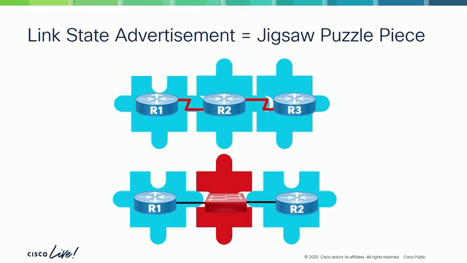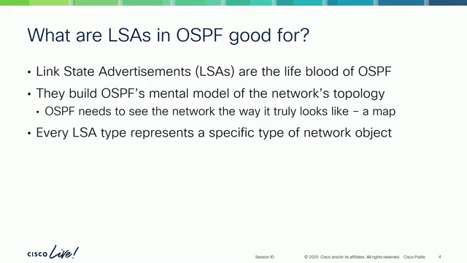All in all, when we talk about the link state advertisements, this is what they do. They put together a map of the network. To OSPF, they're the lifeblood, they're the knowledge, they're the conscience. Because OSPF really doesn't care about addresses. Did you know that? OSPF doesn't care about IP networks.